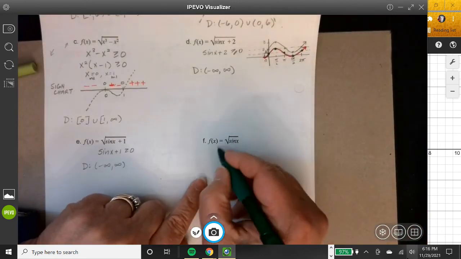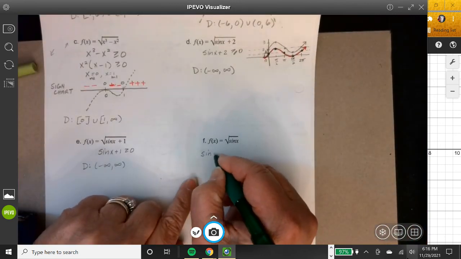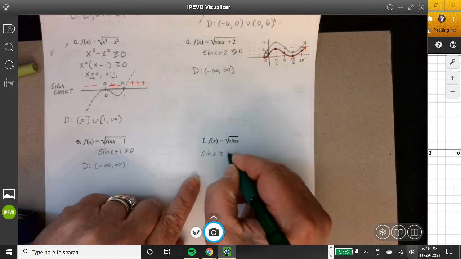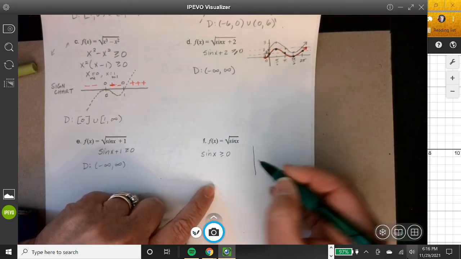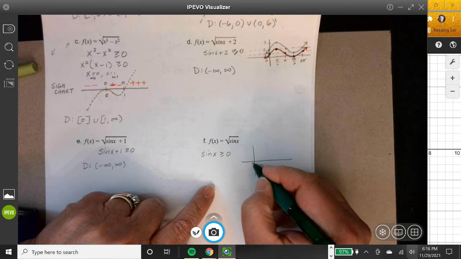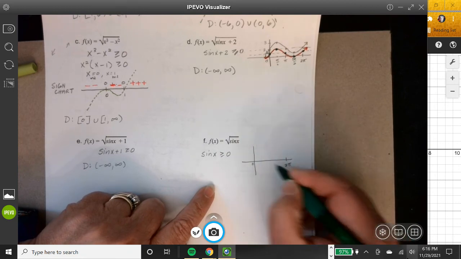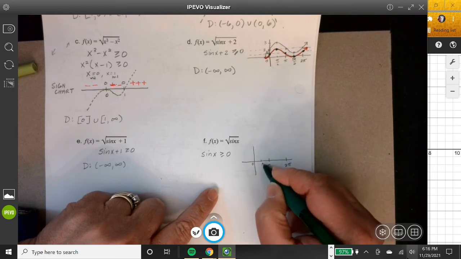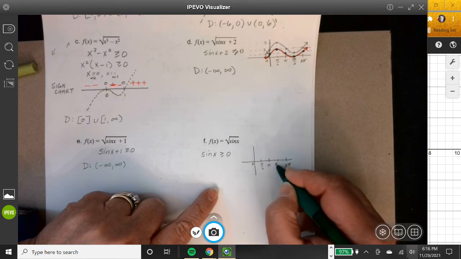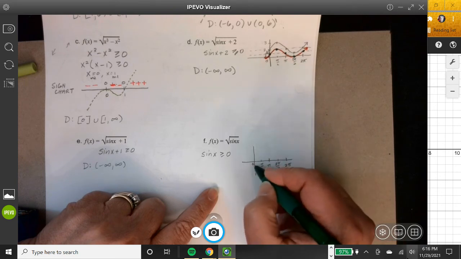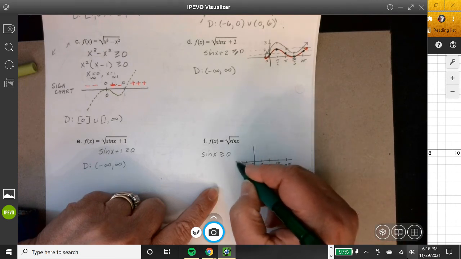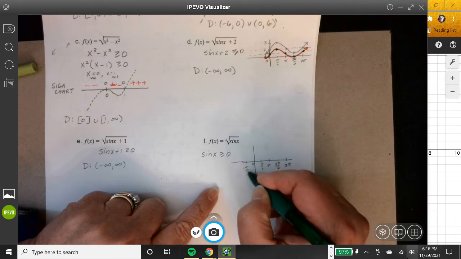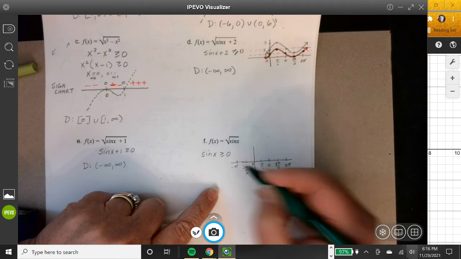Now this case is a little bit different. This is sine x has to be greater than or equal to 0. So let's do our own sine curve here again. So I'm going to go 0 to 2 pi, and this is pi over 2, this is 3 pi over 2, and then let's go negative pi over 2, and negative pi, okay?